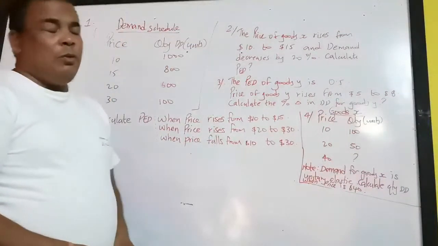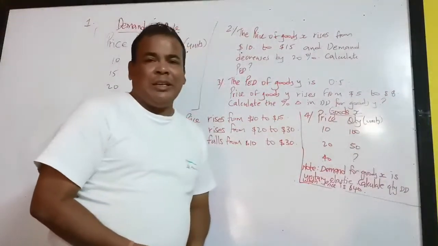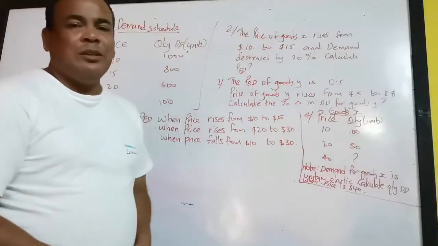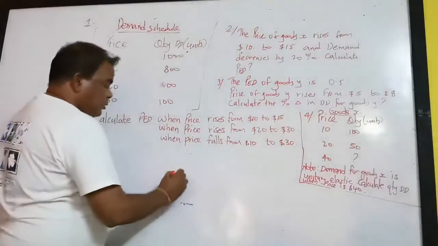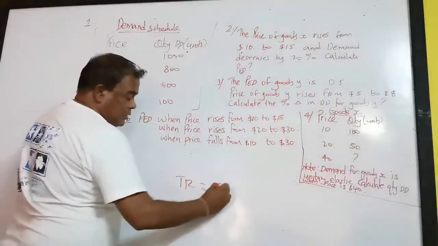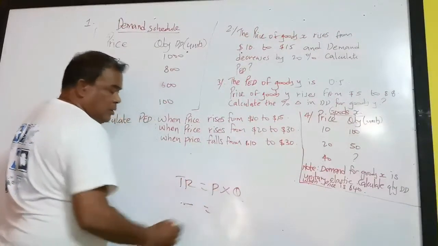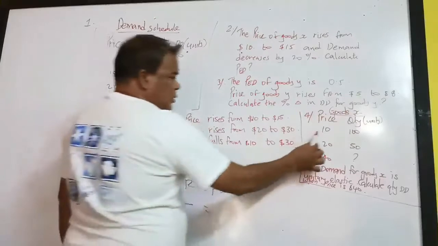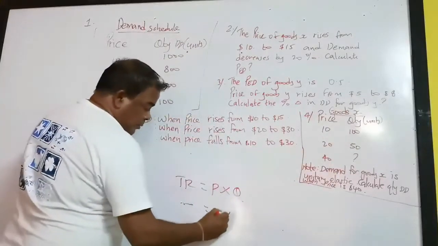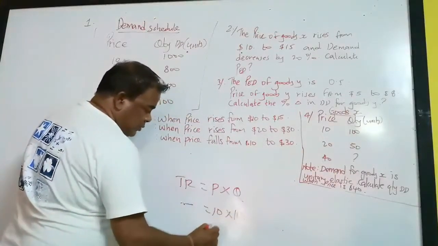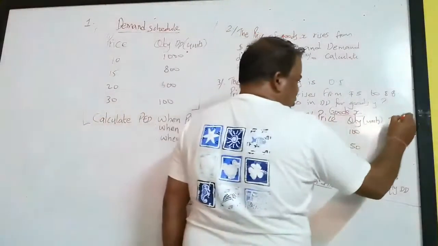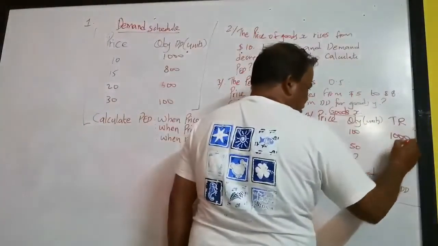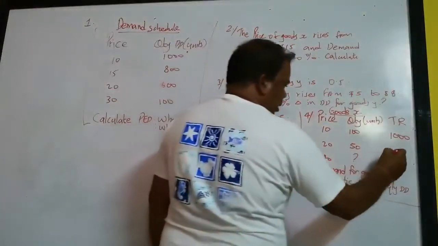So what is the quantity demanded when price is 40? We know that when demand is unitary elastic, total revenue is constant. How do we calculate total revenue? Total revenue is equal to price times quantity. So here, 10 times 100, this will give us 1,000. Therefore, total revenue will be 1,000 here. So total revenue should be the same everywhere.